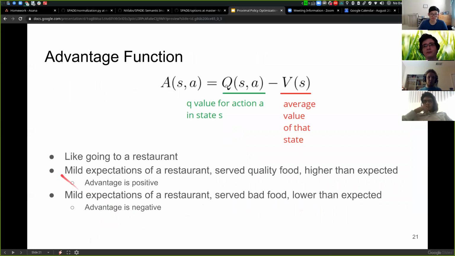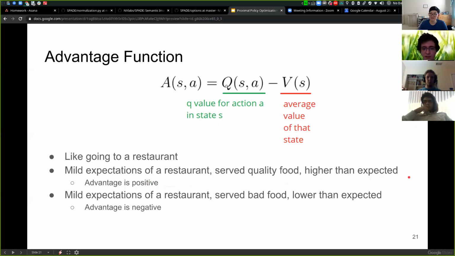On the other hand, if you're trying out something that you don't have very good expectations for, or your expectations are just neutral, mild, then if it tastes really good, then you will like it and you will want to try it again. That's the basic intuition behind the advantage here.